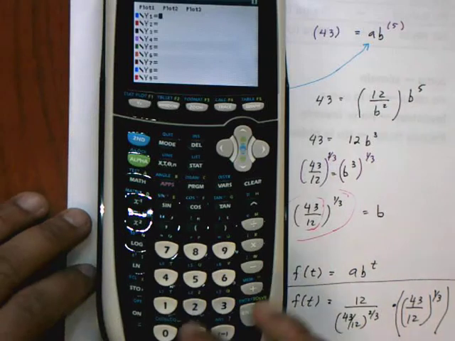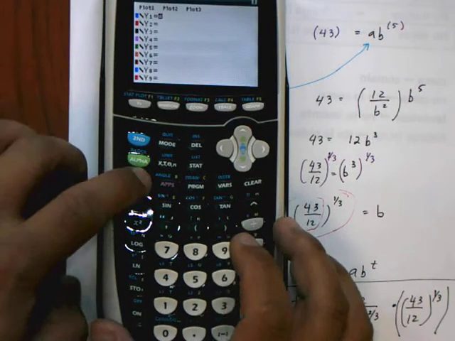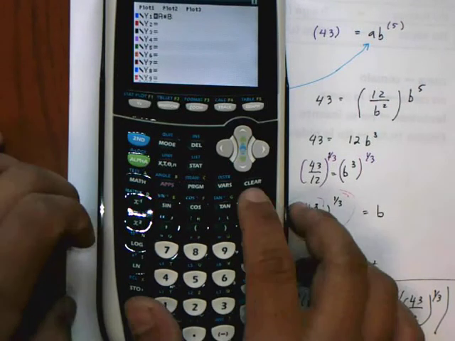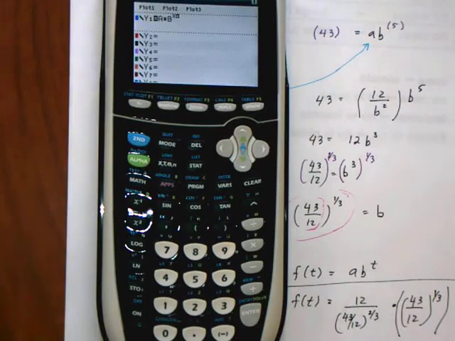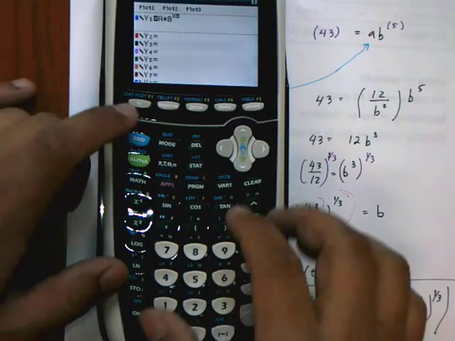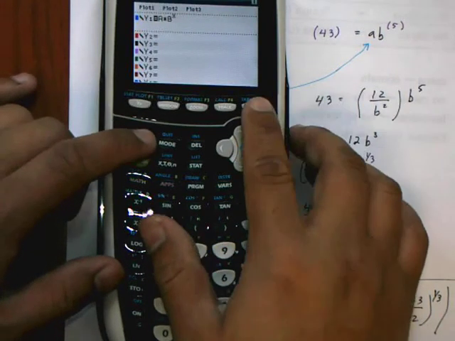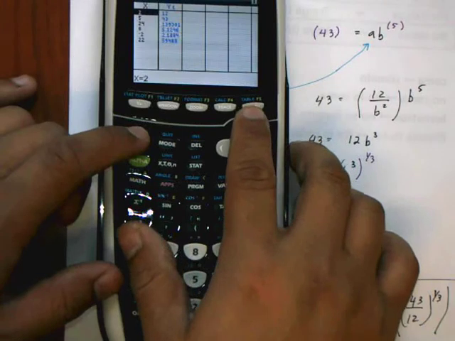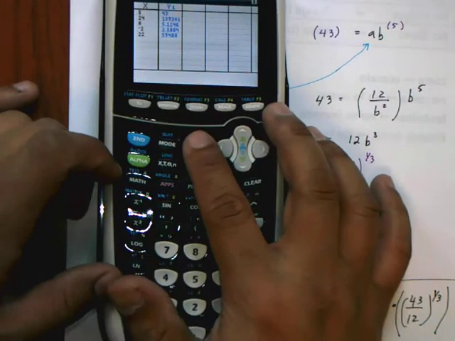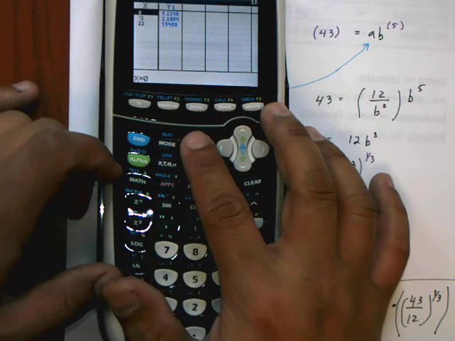And in my grapher, I'm going to type A times B to the X. And now when I go to my table, let's hit second table. I'm going to clear out all this stuff here so you can see.